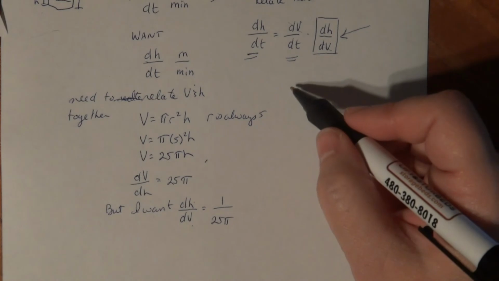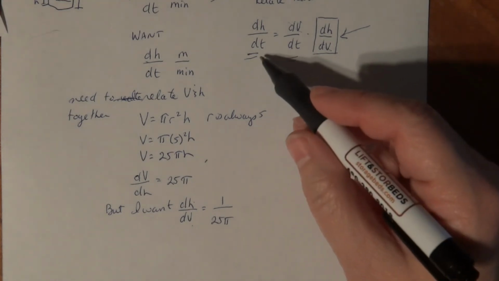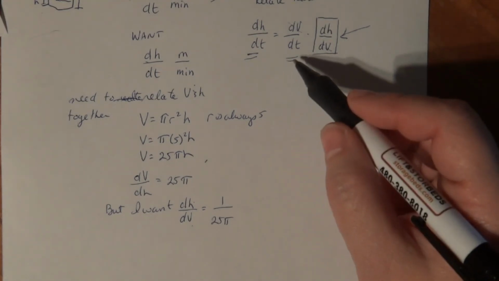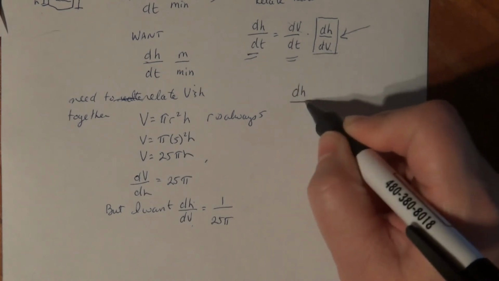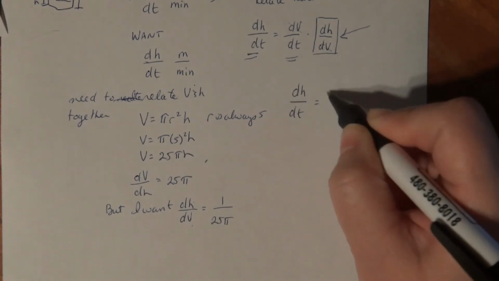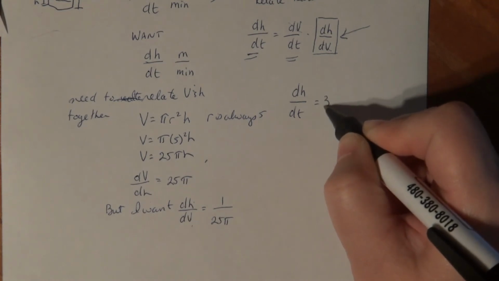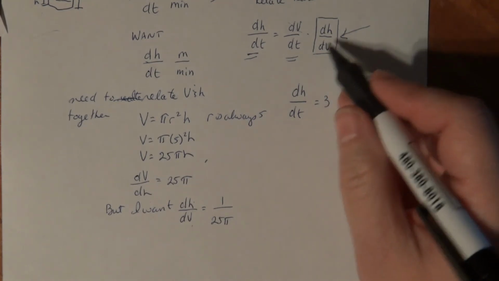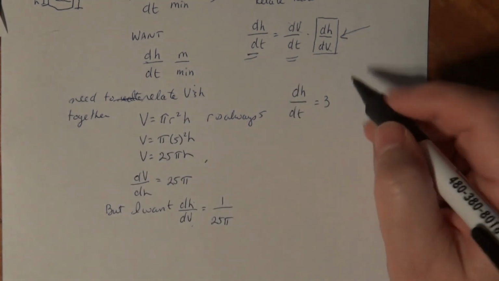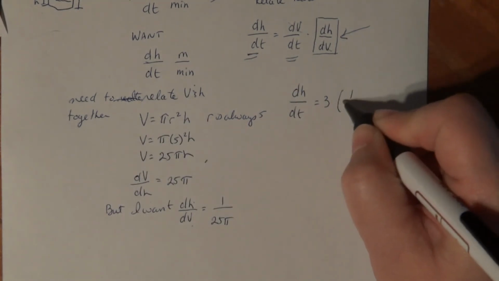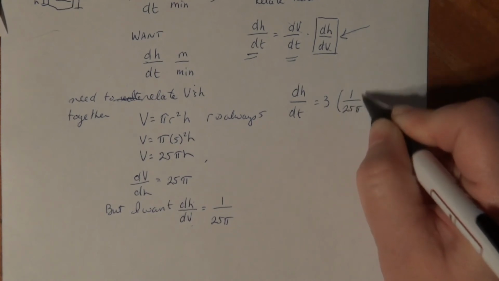So putting this all together back up here, I want dh/dt. dV/dt was given to me as 3, and I've calculated in a separate relationship dh/dV as 1 over 25 pi.